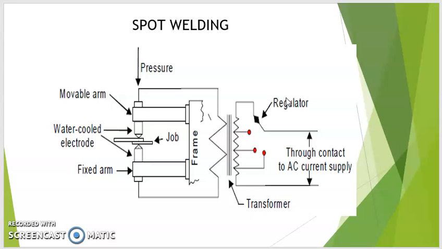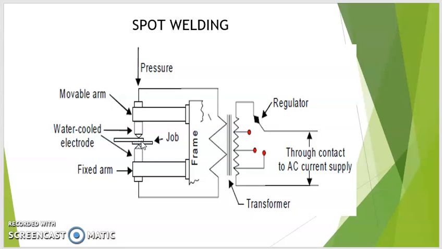R1 is the resistance of the electrode. R2 is the interface resistance at the interface of the electrode and workpiece. Then we have R3, the resistance of the workpiece.